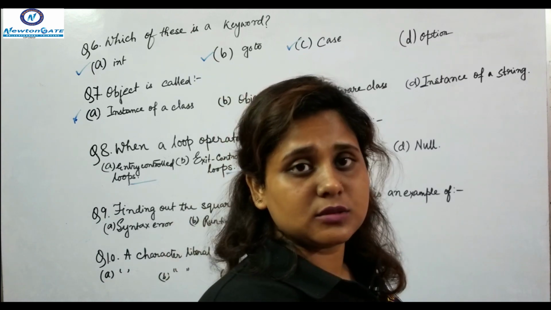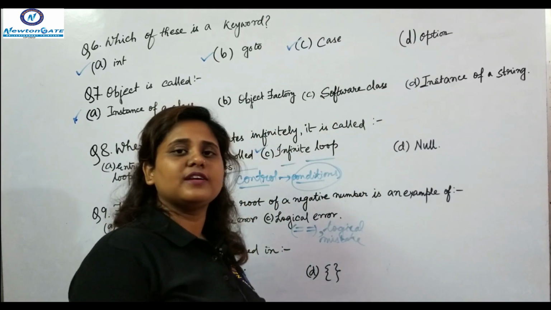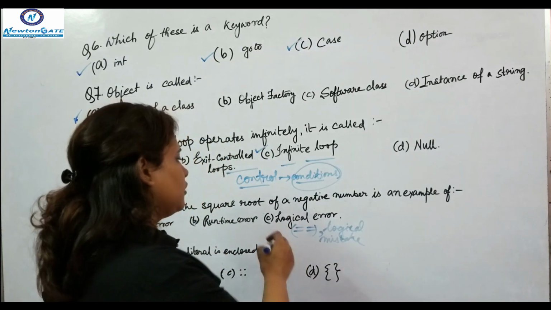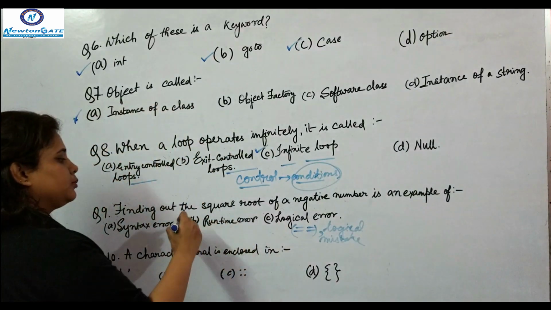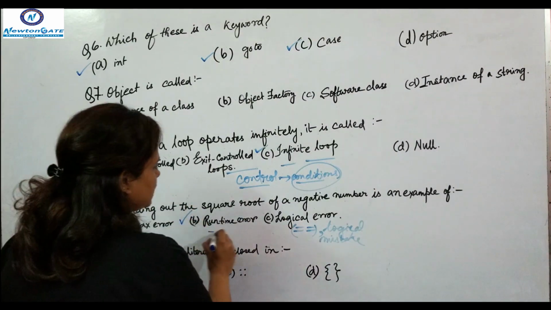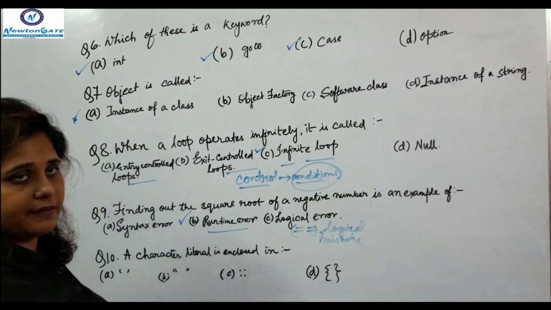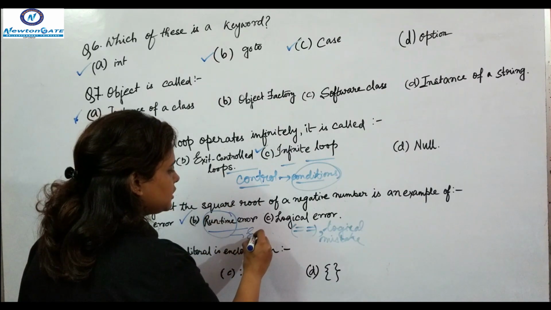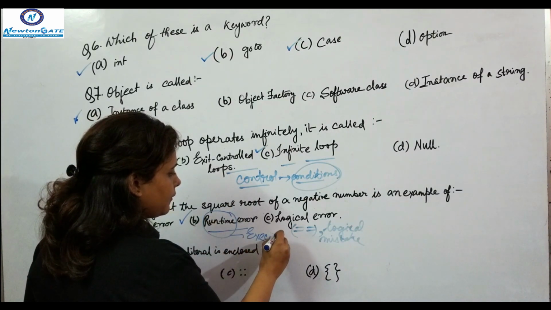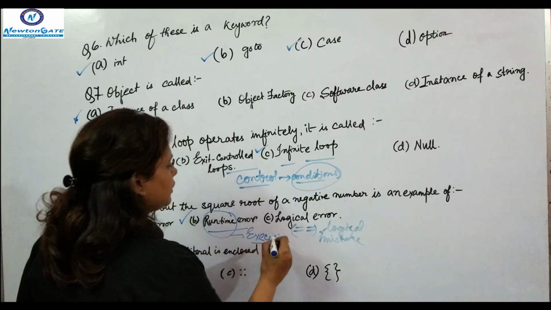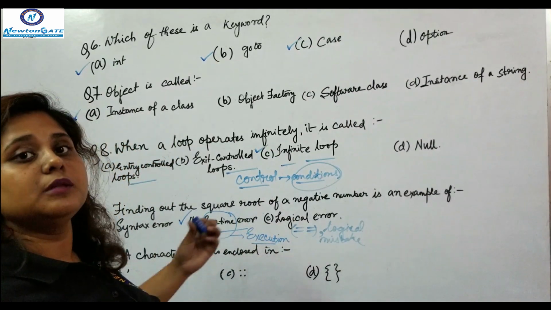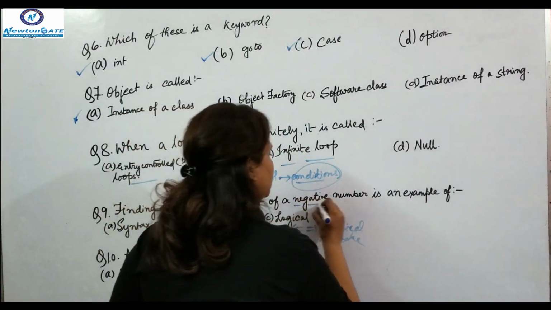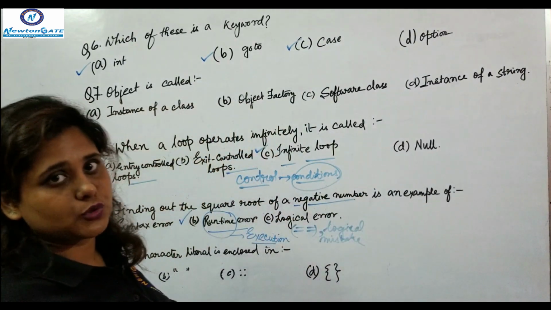So it won't be logical. So the leftover option is runtime. So the answer will be runtime error, because while running the program or during execution of the program it will be showing an error, because a negative number can never have a square root, okay?